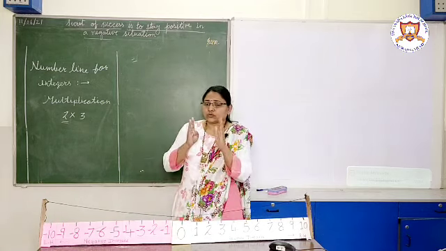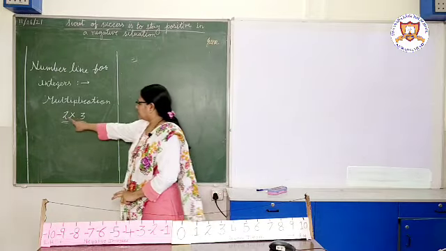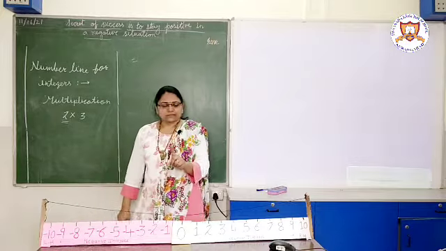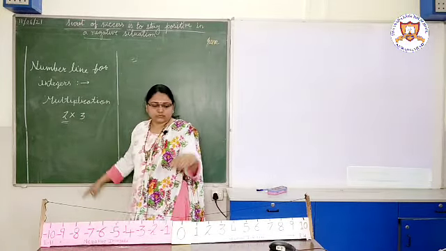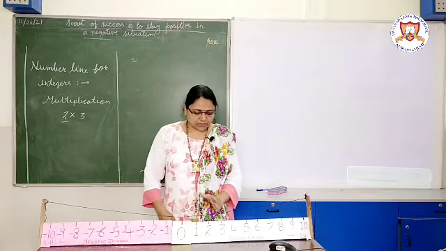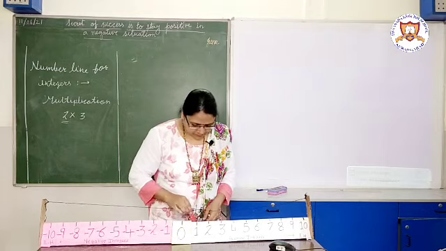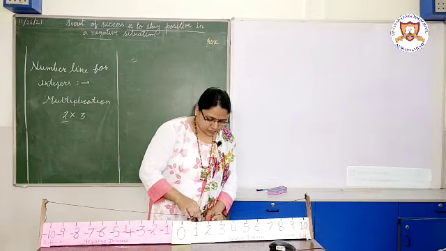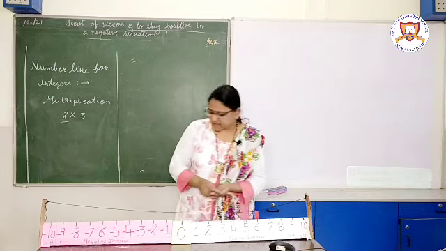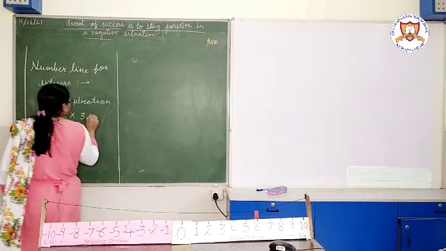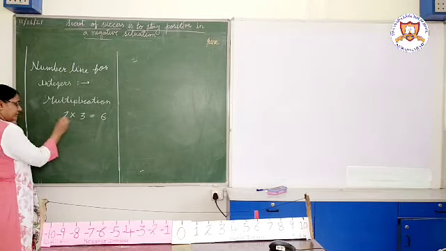Now take 2 steps at one time. How many times? 3 times we have to jump. So take 2, 2: 1, 2 and 3. So the answer is 6.